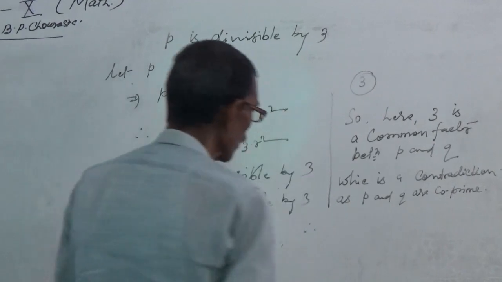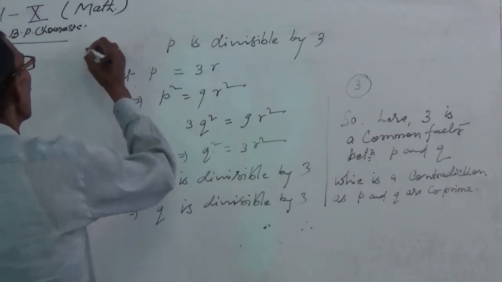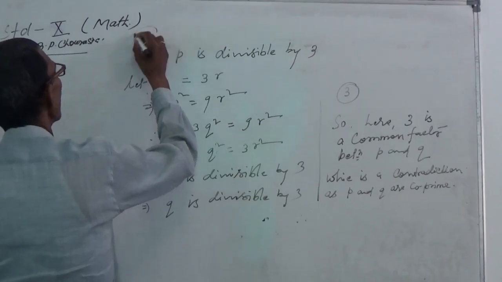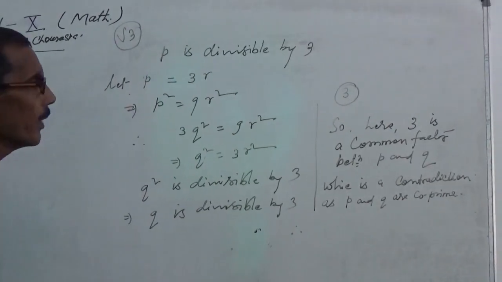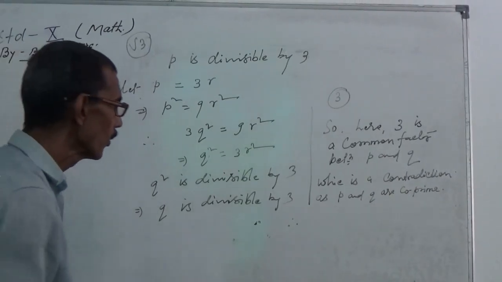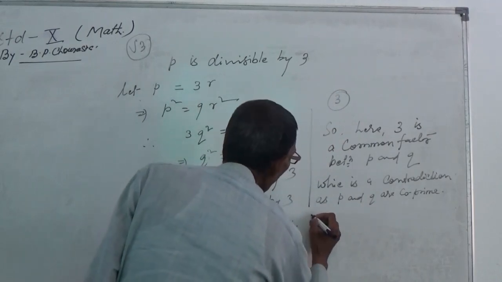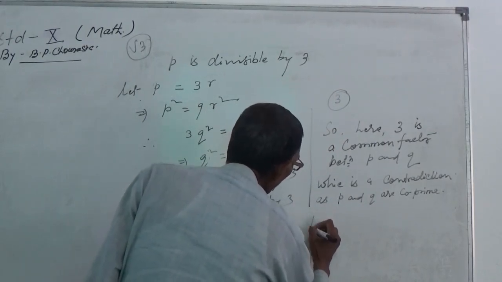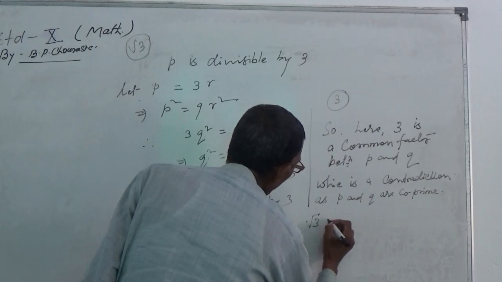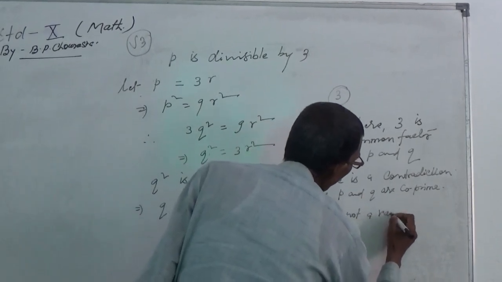Therefore, the assumption of root 3 as a rational number is not possible. Therefore, root 3 is not a rational number.